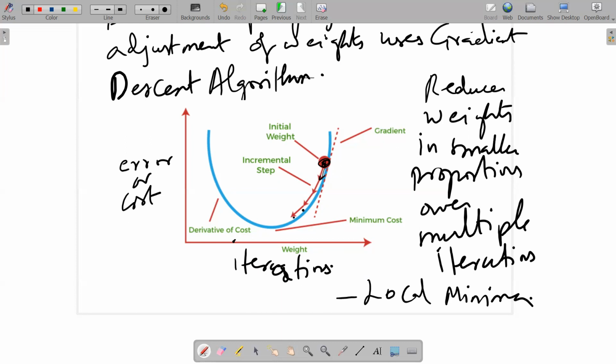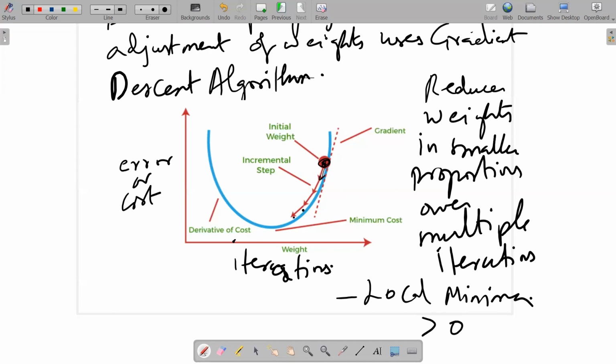We have to reduce the error only to a certain extent which is acceptable, which is your minimum cost, which will be greater than zero. The local minima is greater than zero, you can't make the error zero, right? It is only done above zero.